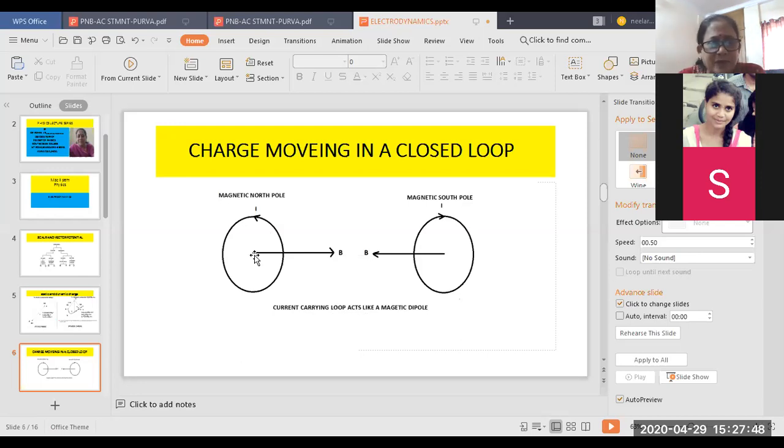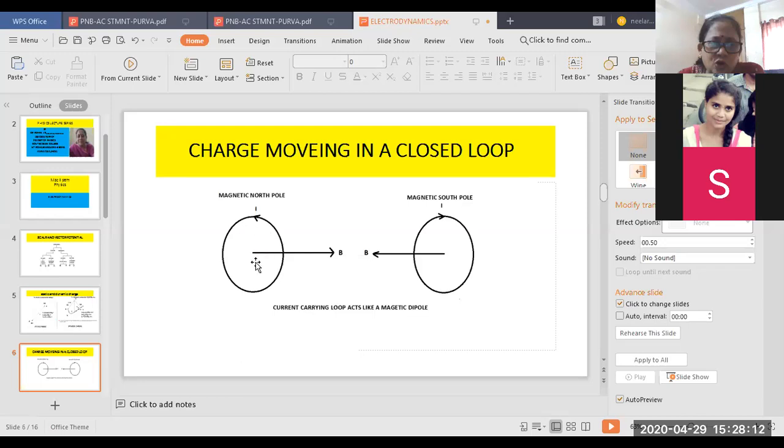If one face is acting as north, the back face is acting as south. That is why a current carrying loop can be called a dipole. So now the concept of a dipole is introduced. What is a dipole? It is a current carrying loop having two poles, one north and another south. Try to remember now the hydrogen atom.